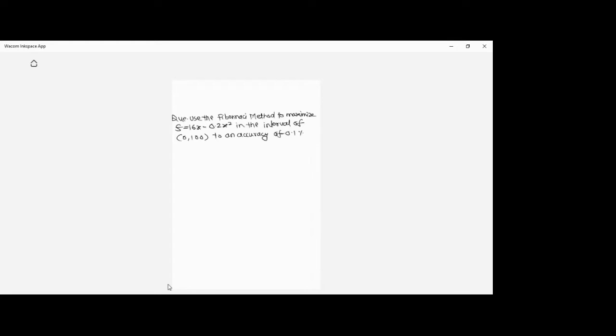So this is the numerical. They have clearly stated to use the Fibonacci method. The objective function is to maximize f is equal to 16x minus 0.2 x square. The interval given is 0 to 100 and the accuracy expected is 0.1%.